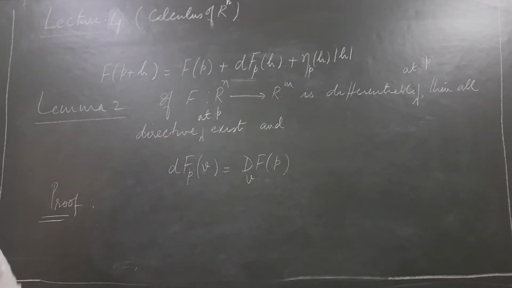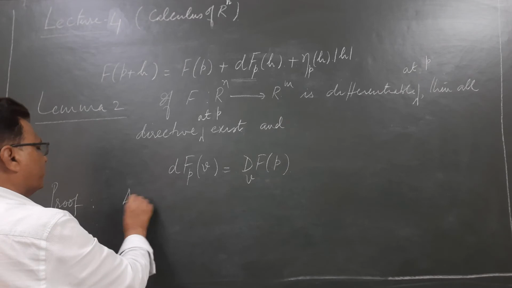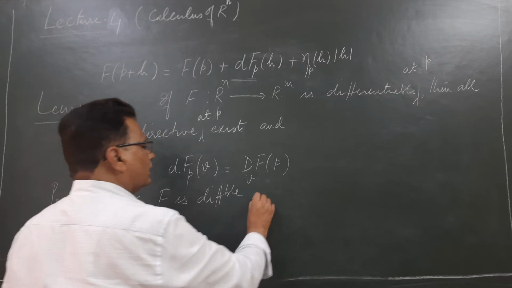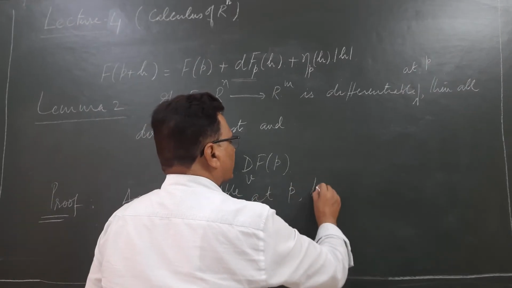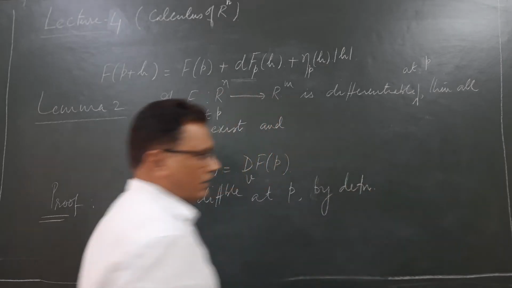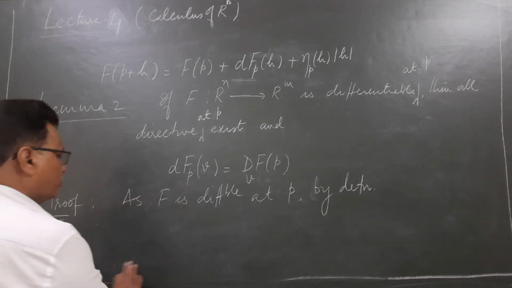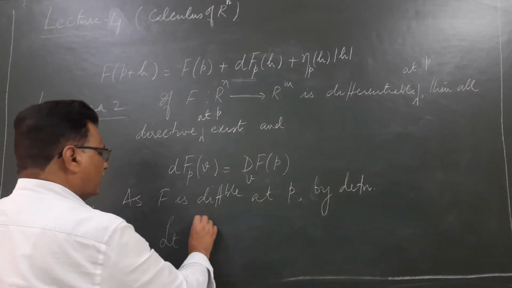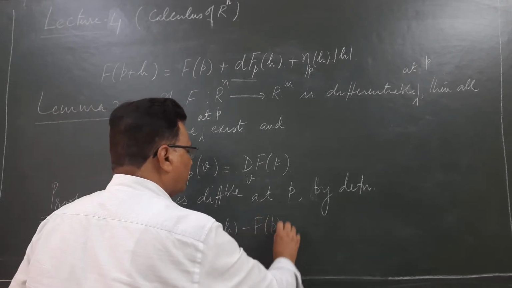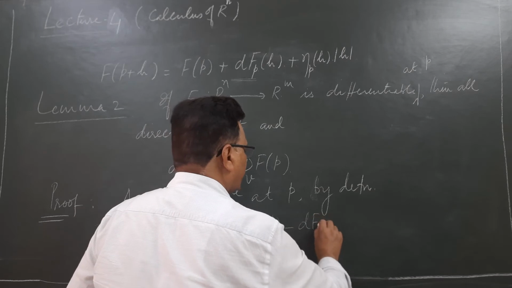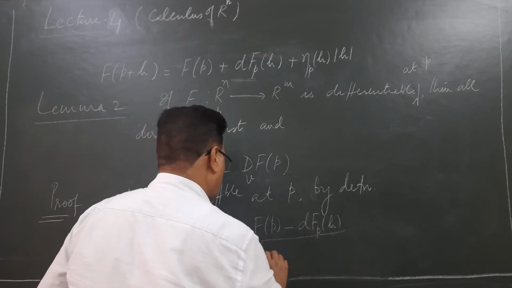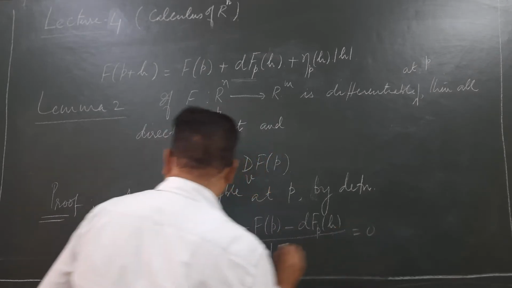So we are assuming f is differentiable. So as f is differentiable at p, then by definition, there are many versions of the definition. I will choose this version. The limit of f(p+h) minus f(p) minus df_p(h), upon modulus of h, is equal to 0 when h tends to 0.